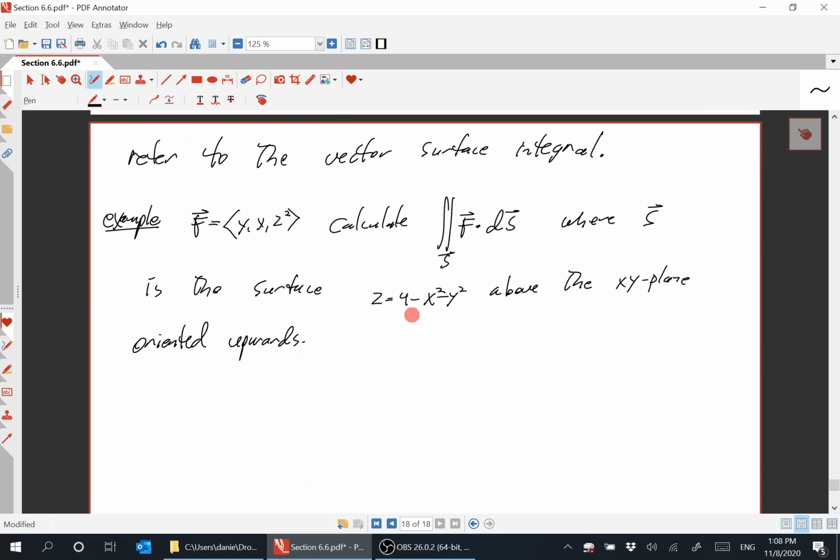Okay, so I'm using this type of function, a surface z equal to f(x,y), oriented in the upward direction.